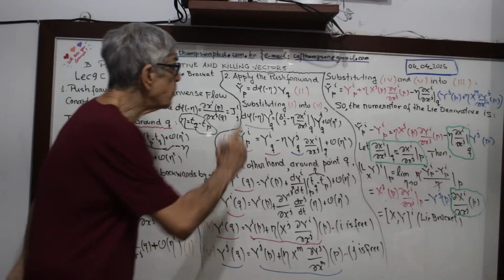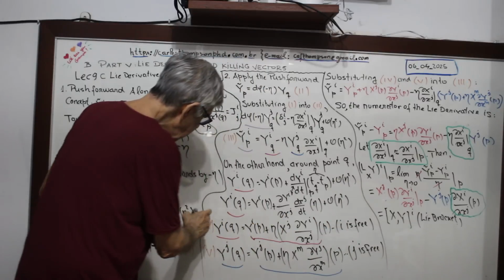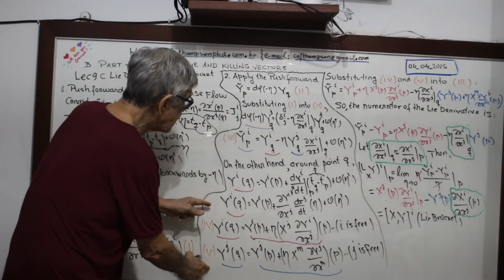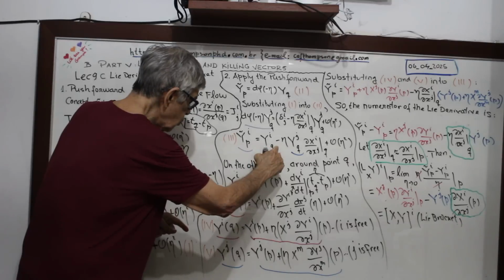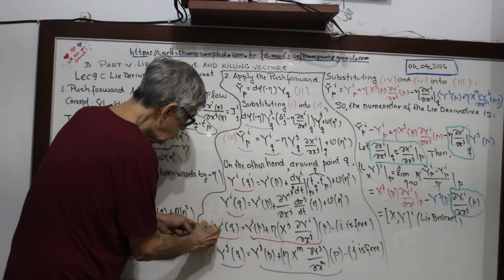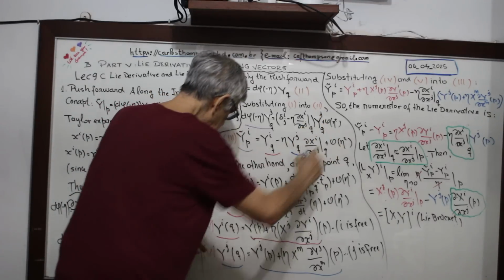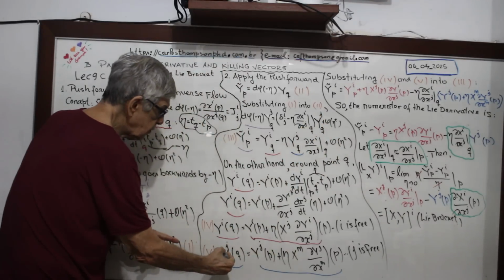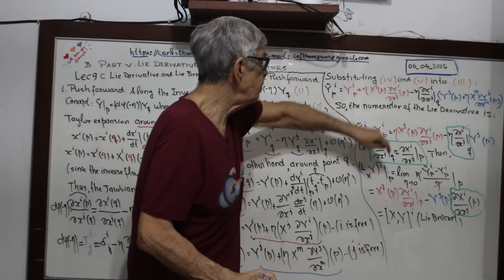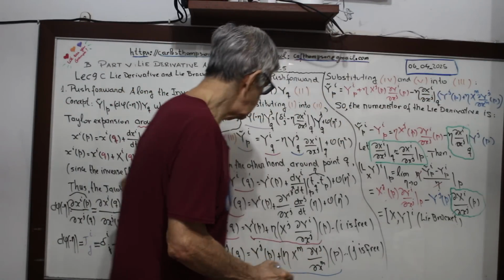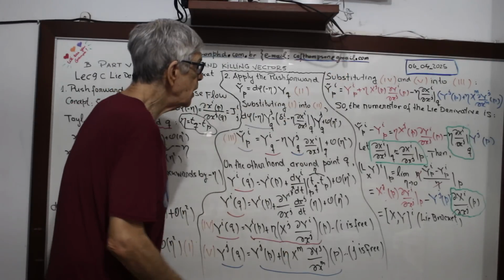Now, substituting 4 and 5 into 3. You see, this is yi at q, which is 4, and this is yj at q, which is equation 5. You see the colors over here, the red one and the blue one. You just look at here and transfer to there.